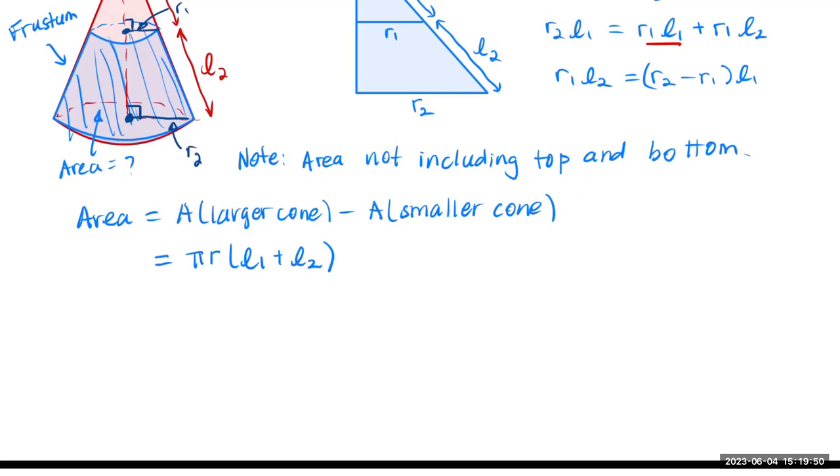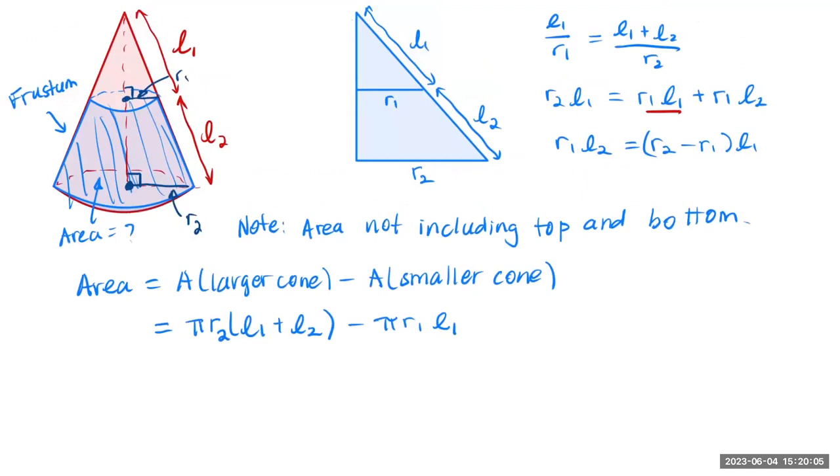Because it's the area of a cone, there's no squared on the radius. This should be radius 2. And then we subtract from it pi R1 L1. So that's going to be this here. We only want the area of the frustum here. That's what we want.